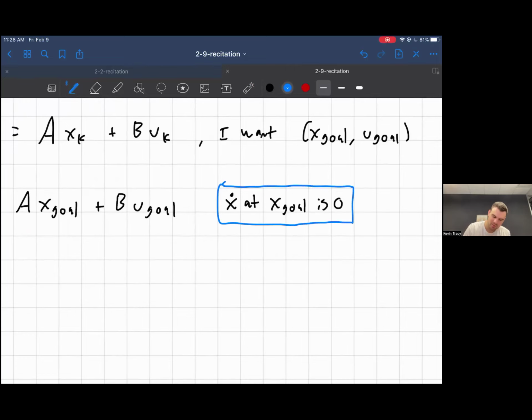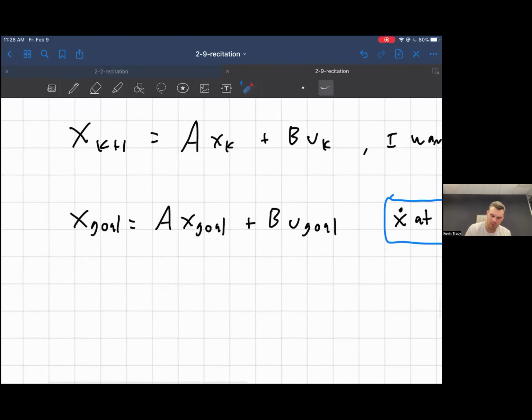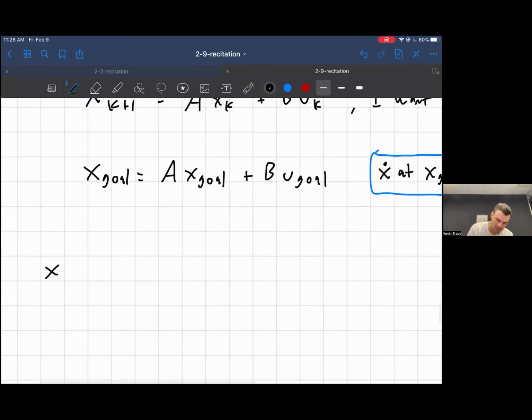This means I want to drive it to some goal where the system is at an equilibrium. So when I do my normal, give it x_k, u_k, get x_{k+1}, I want to give it my goal state, give it my goal control, and have that keep me at the goal. So I have some x goal I want to drive the system to, and there's an x goal and a u goal that's going to keep me at this goal. So now I'll define some new coordinates. I'll just say two things in terms of tildes.